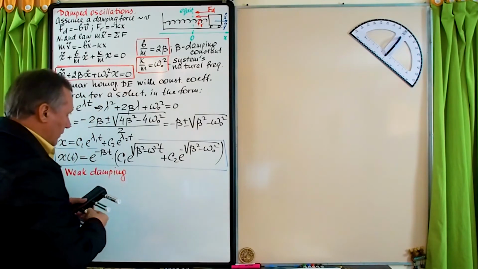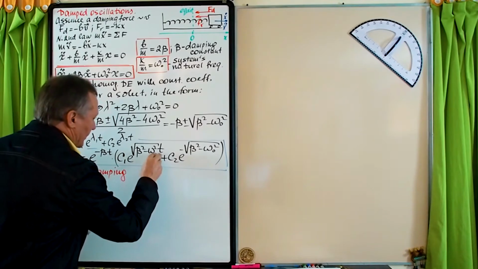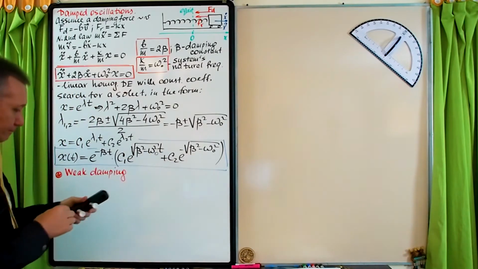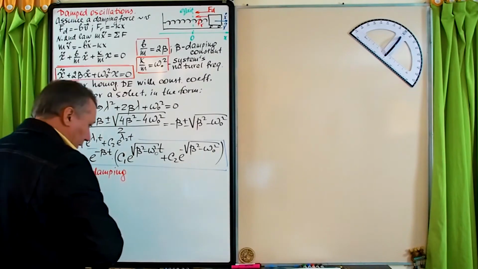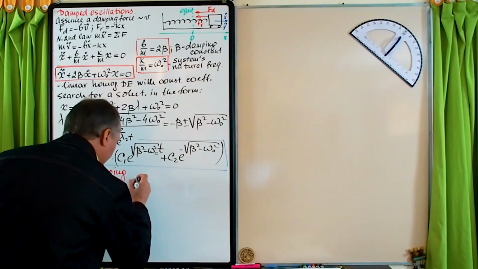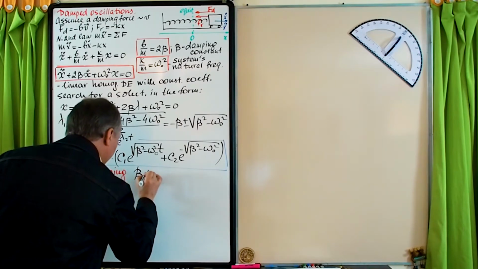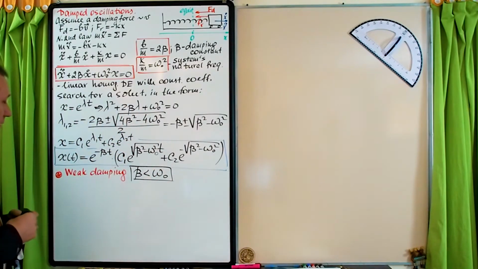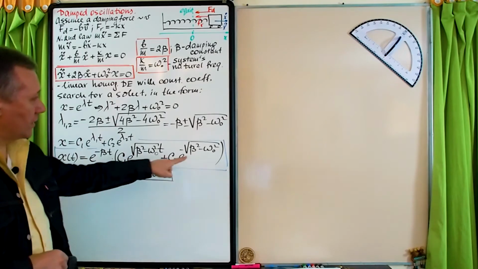Wait, here the subscript 0 disappeared somehow. So when beta is less than omega naught, weak damping. As a result, of course, these are imaginary.